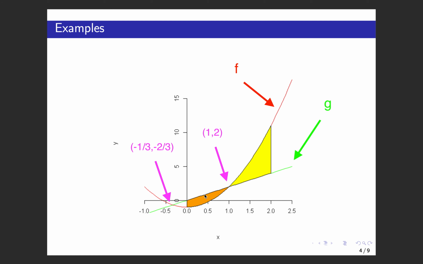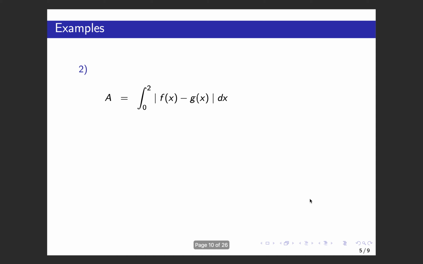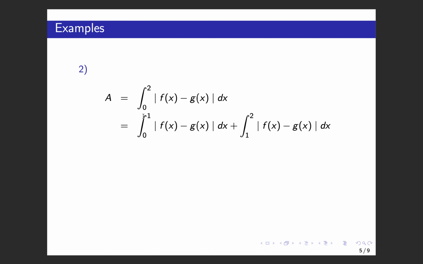That means f minus g within the subinterval [0, 1] will be negative, and on the subinterval [1, 2], f minus g will be positive. So we should take this into consideration when evaluating the definite integral from 0 to 2. We can split it according to the zero of the equation f of x equals g of x.